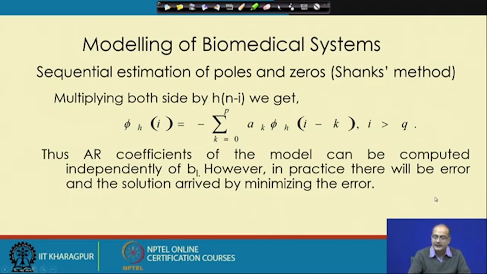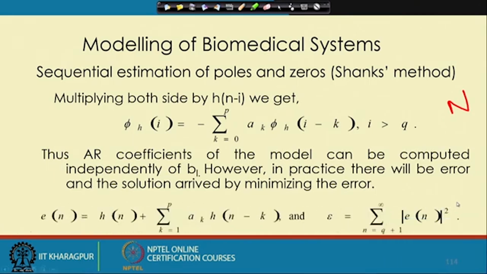Thus, using these equations, where capital N is much larger than P and Q, we have a number of such equations, and these equations are independent of the BL. So, we can first compute the AKs using the value phi h, and that is what is done first.